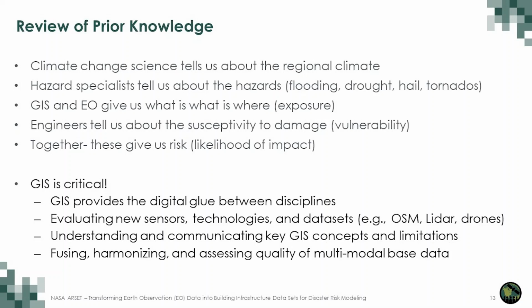Together, these can give us risk, or likelihood of an impact. And for this, GIS is critical. GIS provides a digital glue between the disciplines by evaluating new sensors, technology, and data sets, understanding and communicating key GIS concepts and limitations, and then fusing, harmonizing, and assessing quality of multimodal-based data.